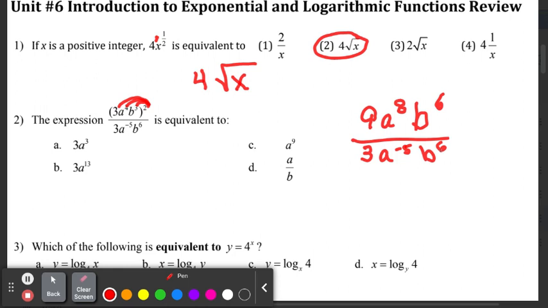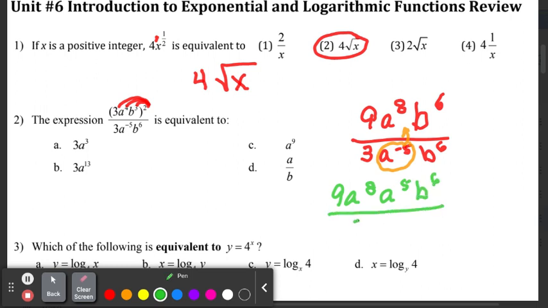Now, to each his own, but those of you in my class know I hate negative exponents, so I'm just going to rewrite this and move that -5 up top. That way, I'm just working with all positives. So 9, a to the 8, a to the +5, b to the 6, all over 3, the a to the -5 is up in the numerator now, b to the 6.